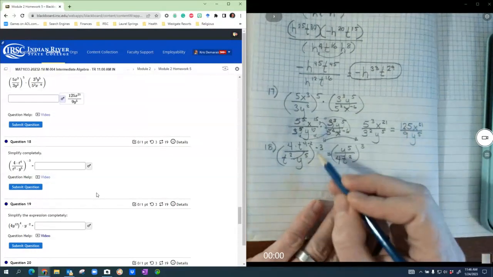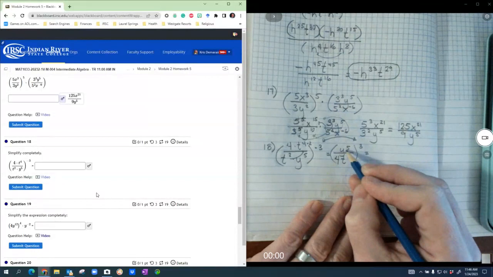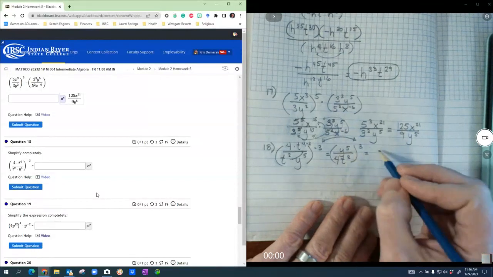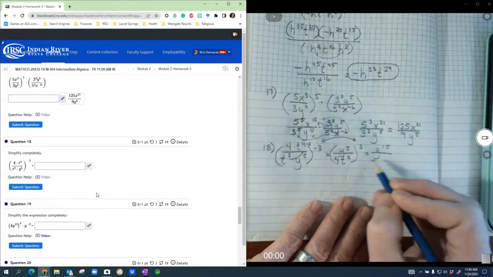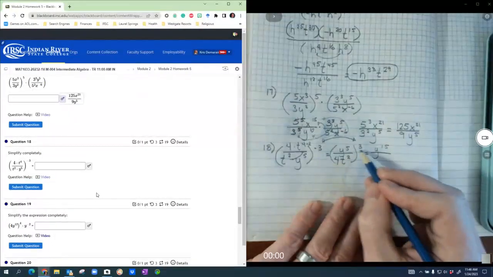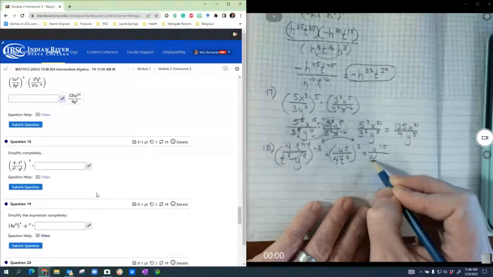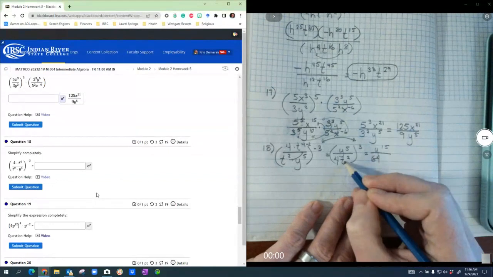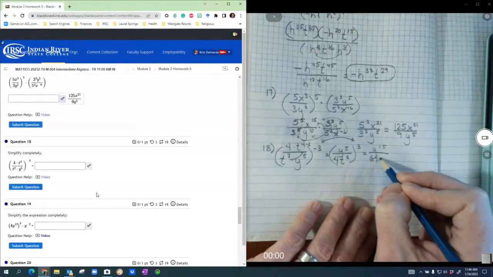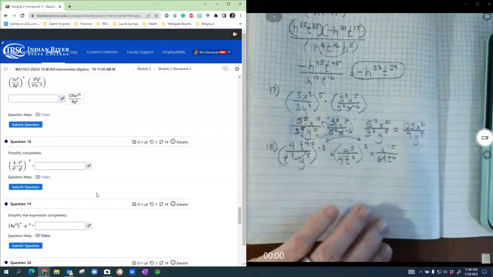So I didn't see that, so I went ahead and did my strategy here, and so now it's y to the 5th raised to the 3rd is y to the 15, all over 4 to the 3rd power, which is going to be 64. And then it's 2 times 3 is 6, so t to the 6th power. And then I'm done. That's my answer.